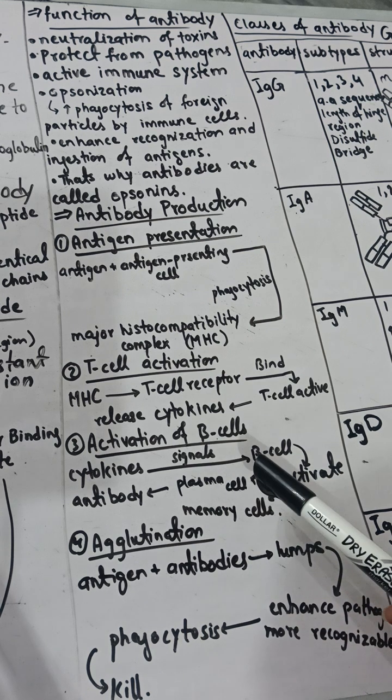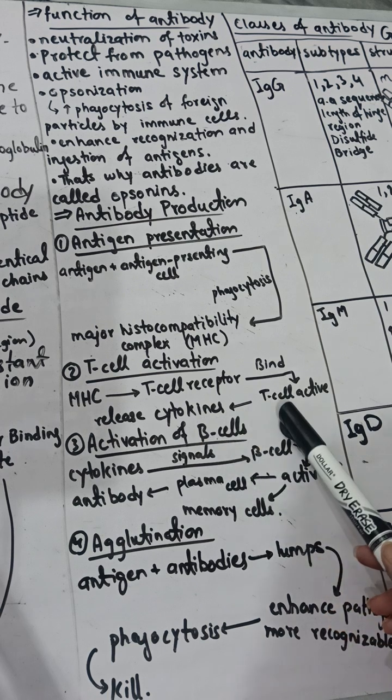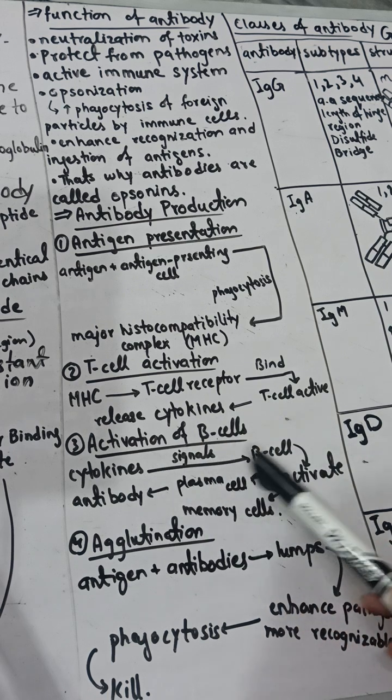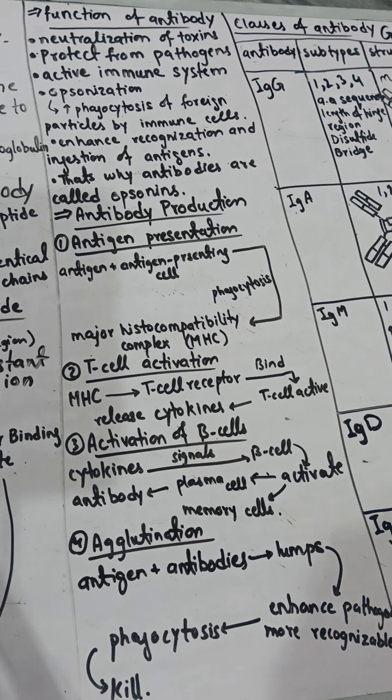Now, the third step arrives, and this third step is about the activation of B cells. So now your B cells will activate, but how? These cytokines released by the T cells send signals to the B cells. As a result, the B cells activate and identify that a particular antigen is present. Now they begin to produce the antibody against that particular antigen.